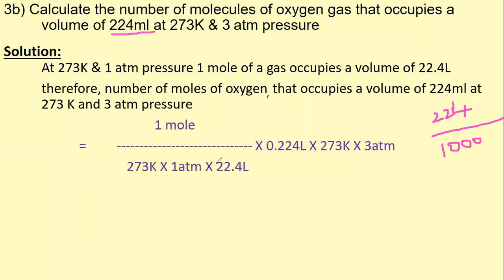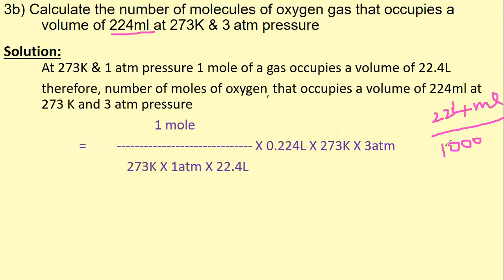Now we have to convert it into liter. We all know 1 liter is equal to 1000 ml. So I'm going to convert this 224 ml into liter by dividing it by 1000.